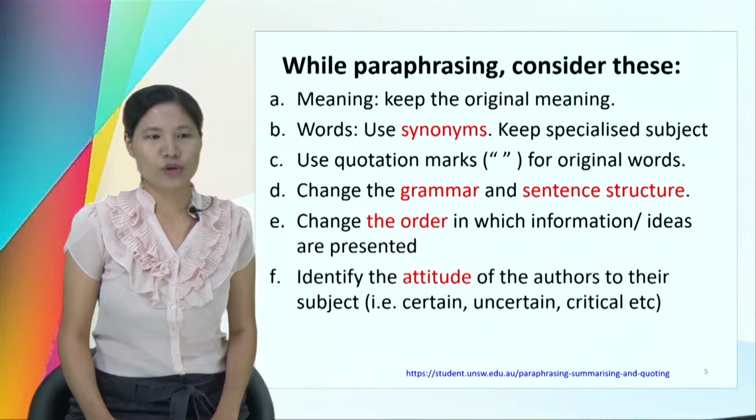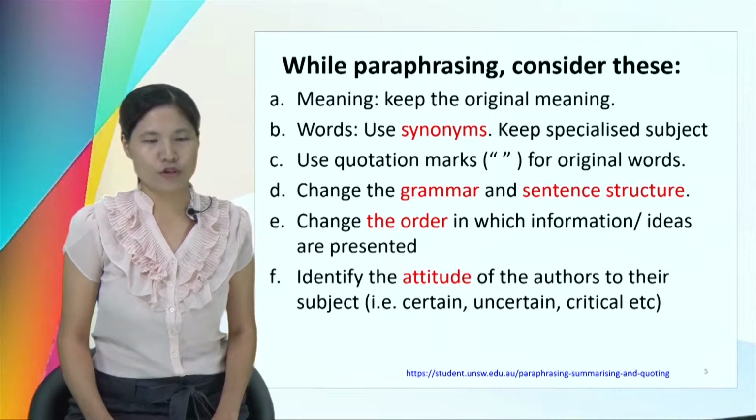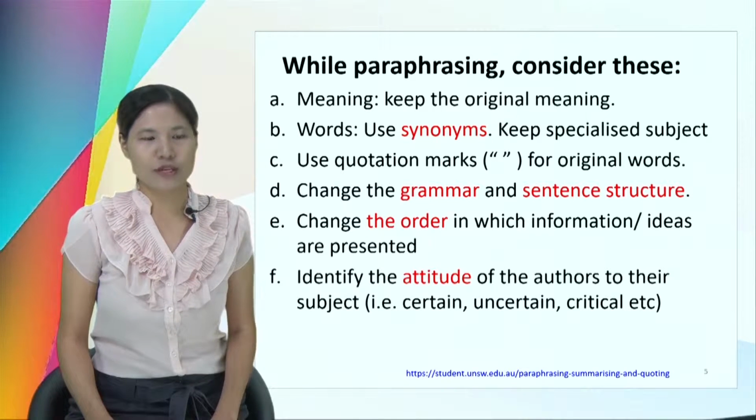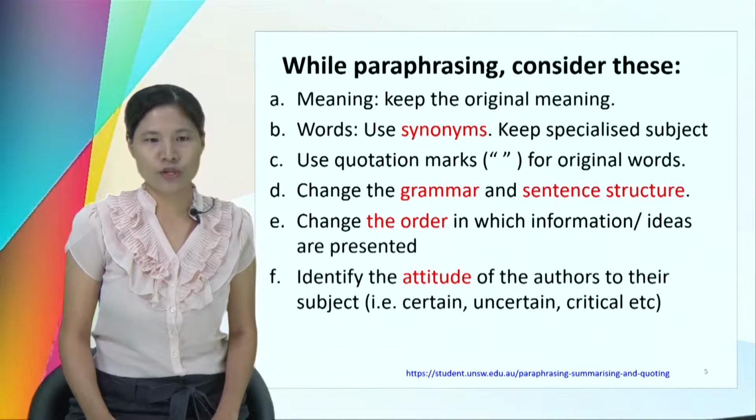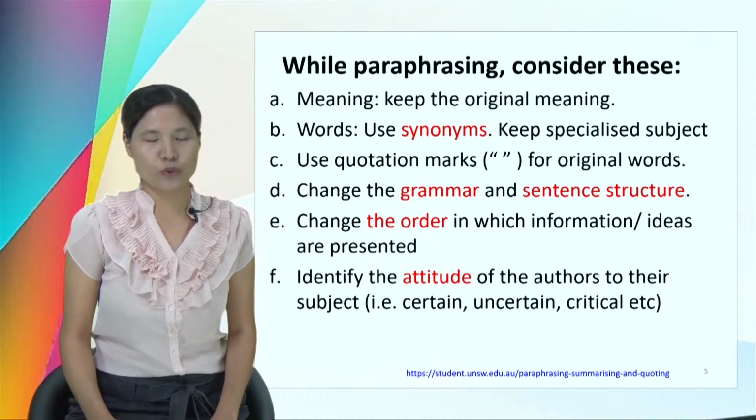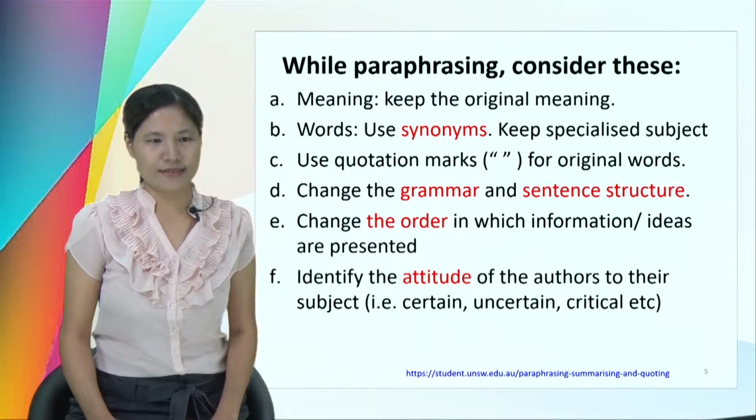And C, we will use quotation marks for original words because sometimes there will be some words or phrases that are so difficult to change and substitute with other words. It's okay to retain original words, but we have to use quotation marks to show the source. And D, we can change the grammar and sentence structure.